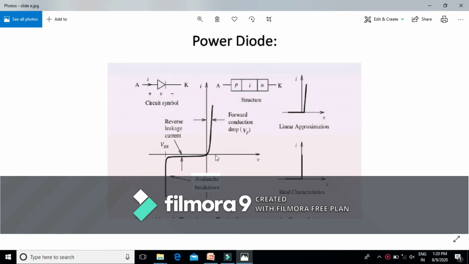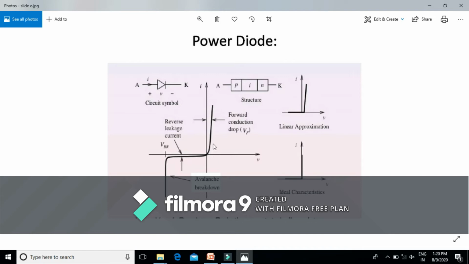Same is the case with the signal diode as well as the power diode. In the signal diode, initially no current flows until the depletion layer is removed, and then the forward current flows.